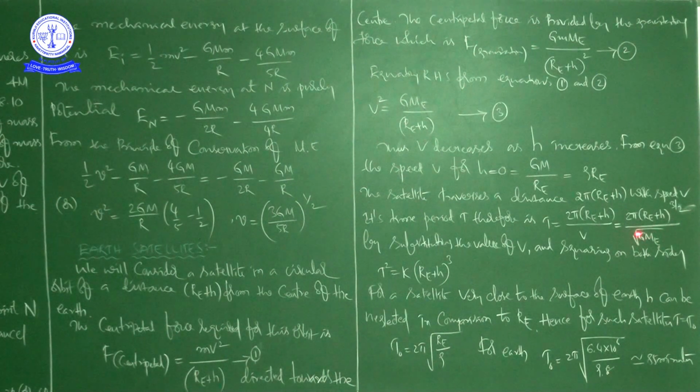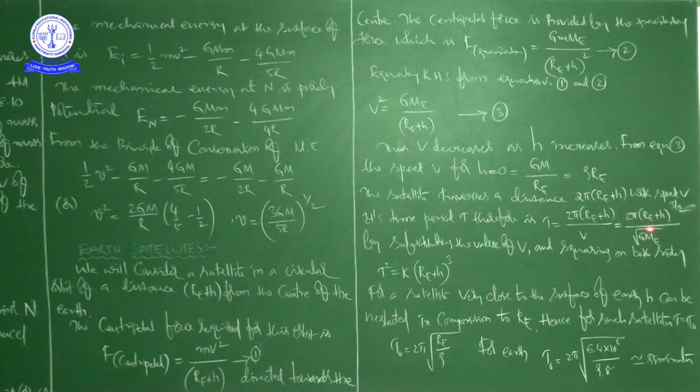On substituting the value of v in this expression, we get the expression for the time period. If you observe carefully, T square is equal to k into (R_E plus h) whole cubed. G is constant, the mass of earth is constant, and 2 pi is constant, so we replace all these with k.